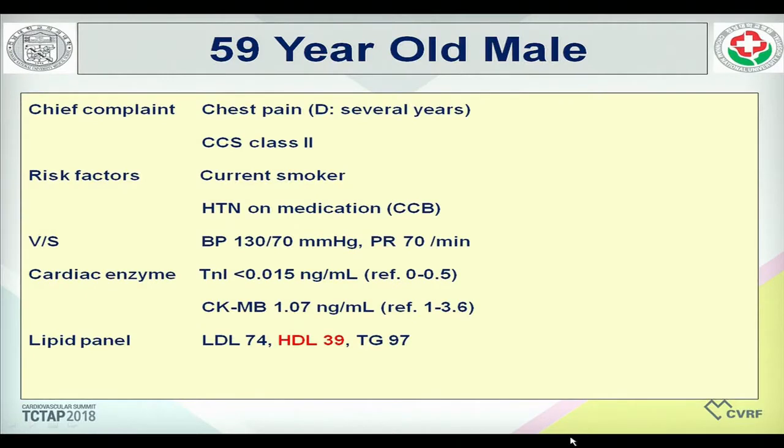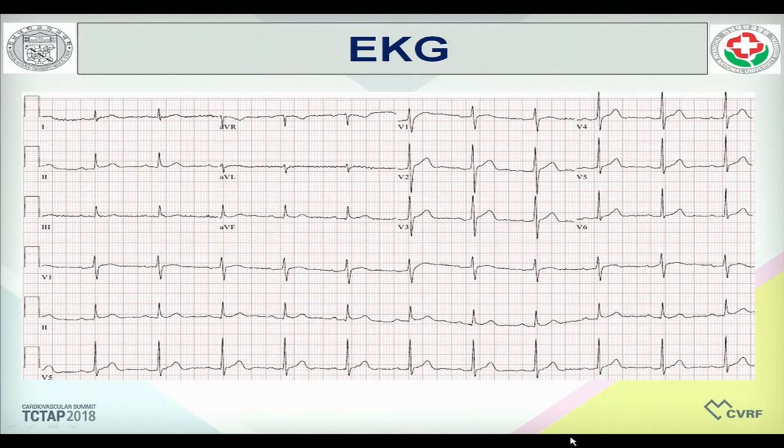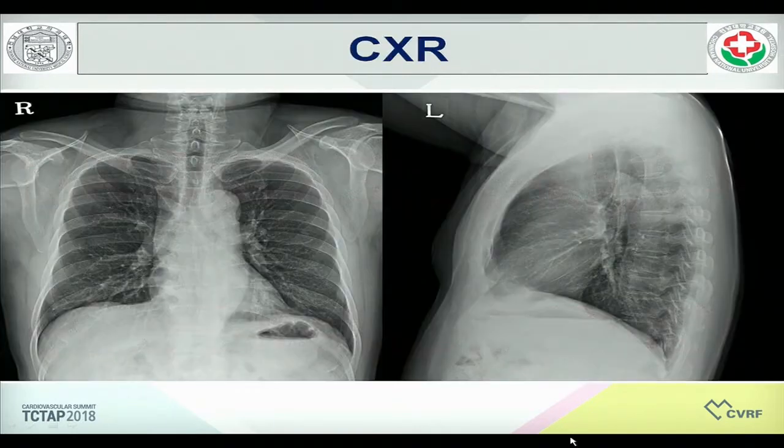Thank you for introducing. I will introduce today's live case. A 59-year-old male, his symptom is CCS class 2 angina. He has hypertension and dyslipidemia. The 12-lead ECG showed normal sinus rhythm. No abnormality on chest X-ray.